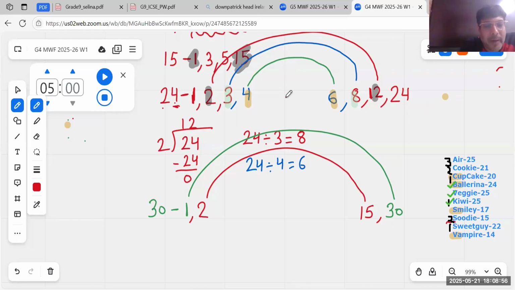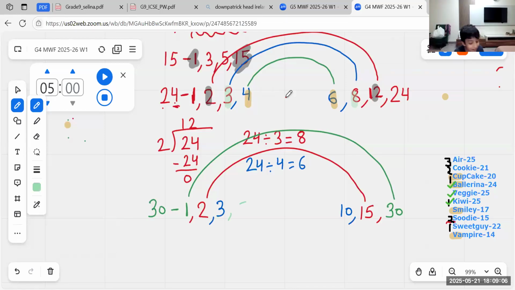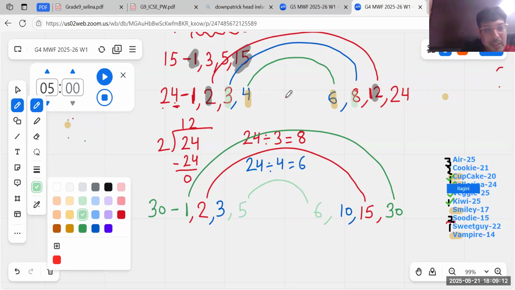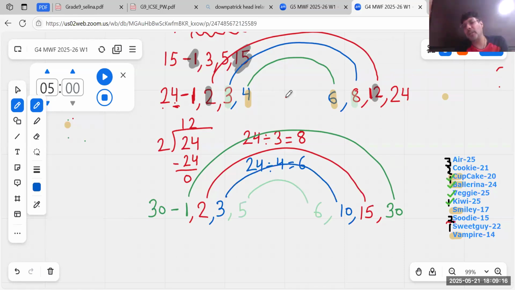With 3, what complementary factor will I get? I will divide 30 by 3 to get 10. Then sir, I forgot 5. With 5 I will get the complementary factor 6. So you can see that I have made a virtual rainbow. Can you see? Yes, sir.